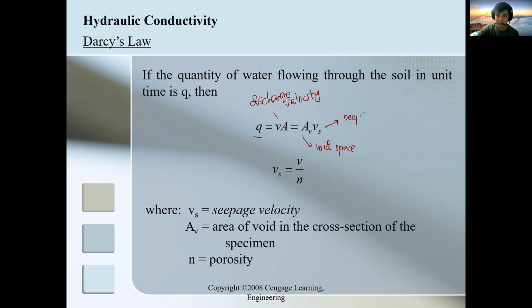If you're only considering the flow of water through an empty space, meaning there are no obstructions, you use this one. If there is an obstruction, you use the other one. Another formula for your Vs: your seepage velocity is V over n.